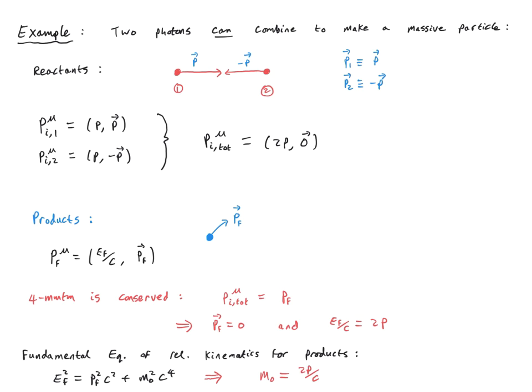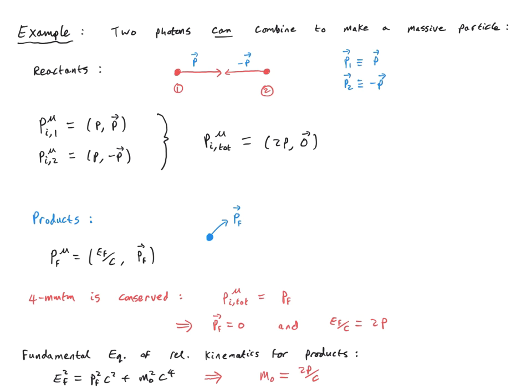So indeed, if we have two photons in a head-on collision like this, one with momentum p, one with minus p, then because the overall momentum is equal to 0 in the initial state, we can produce a product with 0 momentum, but the energy of the total system initially is then converted into mass of the final system. The energy of the resultant is 2p over c, related to the momentum of the reactants.